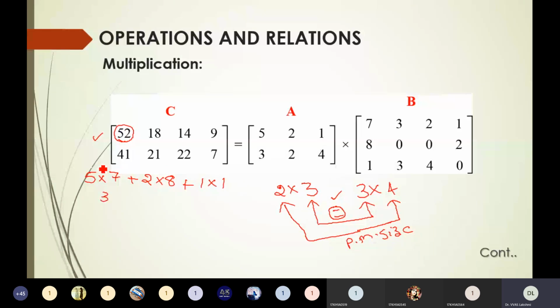So 35 plus 16 plus 1, that is 52. So this is the value.